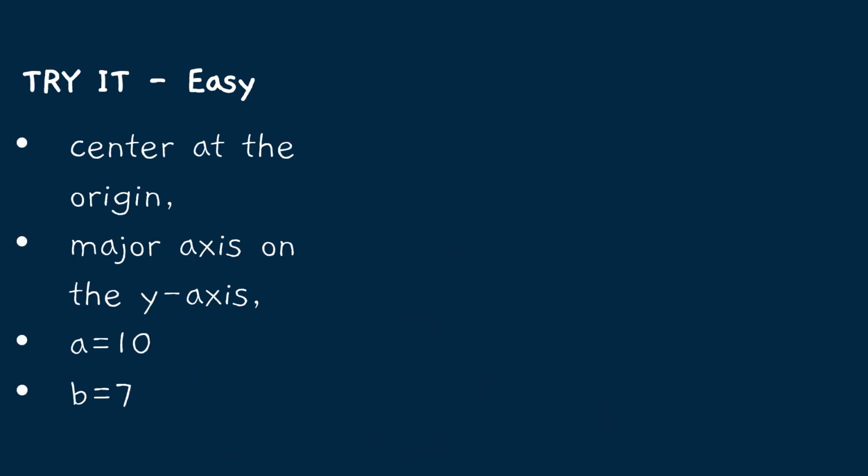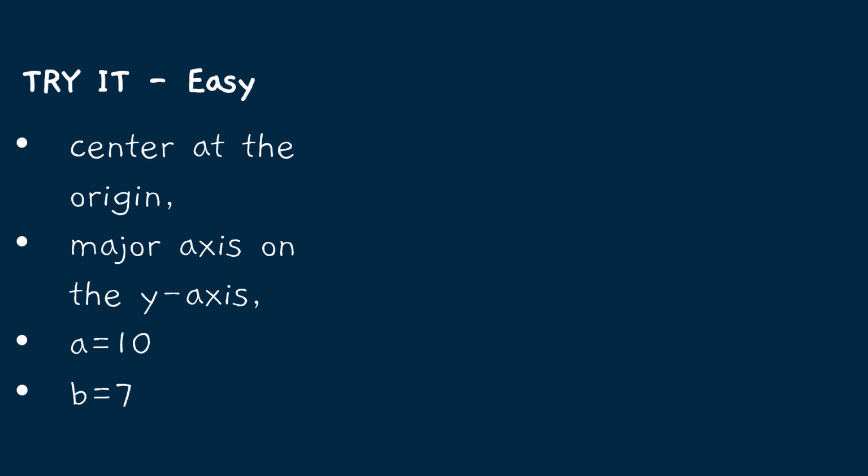Again, the center is at the origin, and the major axis this time is on the y-axis, meaning your clue there is the orientation along the y-axis. So, if the major axis is on the y-axis, it is a vertical ellipse. Okay? So, write again your given.